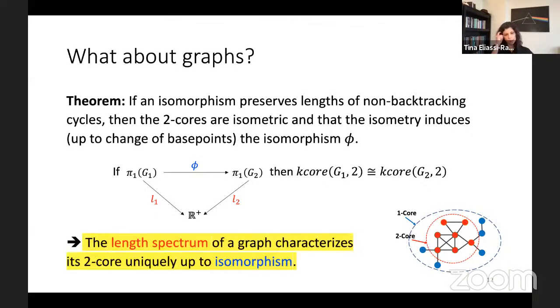Or in simpler English, this length spectrum, which I haven't told you yet how to construct, of a graph will characterize it uniquely up to isomorphism, that is, the 2-core of it. The reason being that topology is interested in cycles and holes, and so you can't really do anything with the dangling edges.